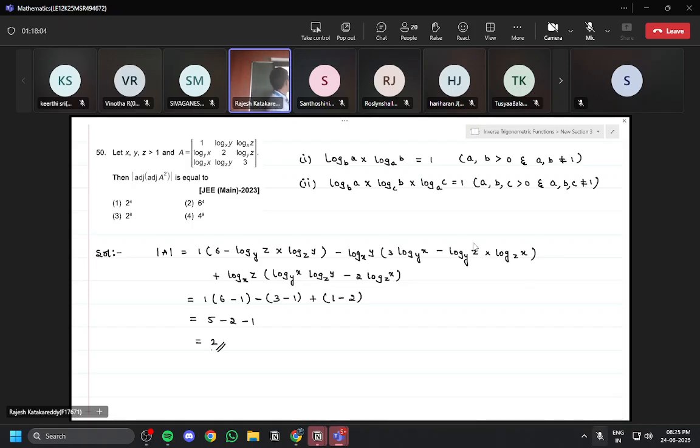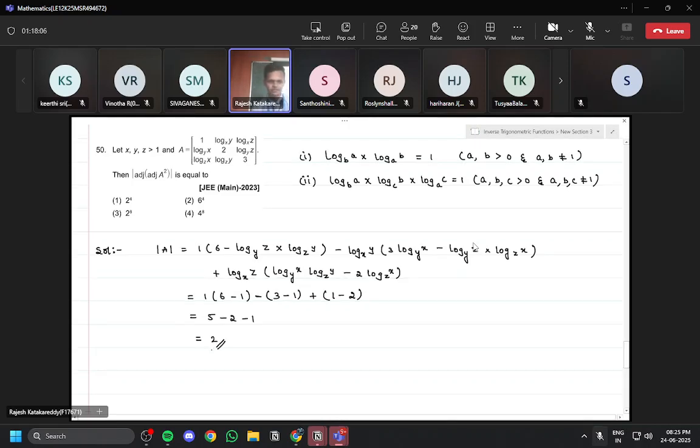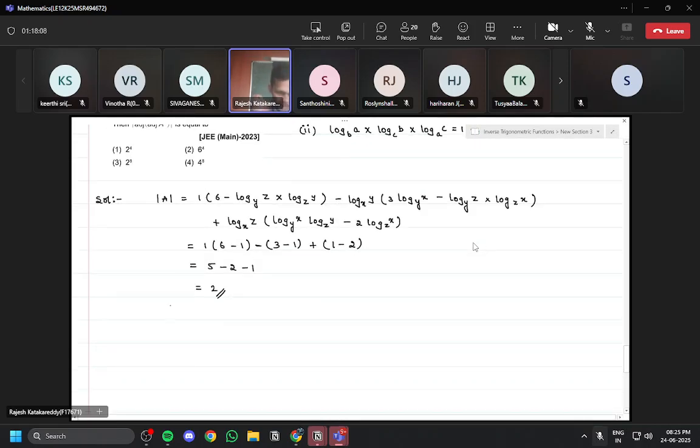Next, this determinant we need. What is that? We need to calculate the determinant of adjoint of adjoint of A square. Whatever it is, A square or A, it is a matrix for sure. It is an order 3 one again. Square I do, I'll get the same order matrix only. Order won't be square again.